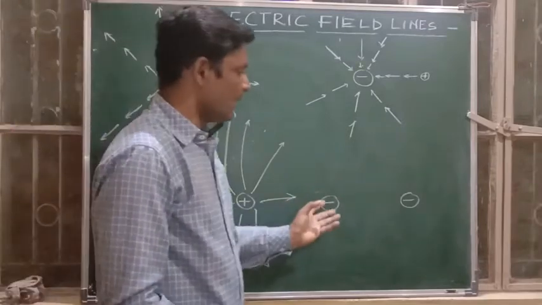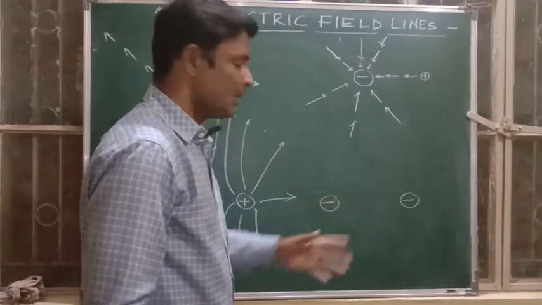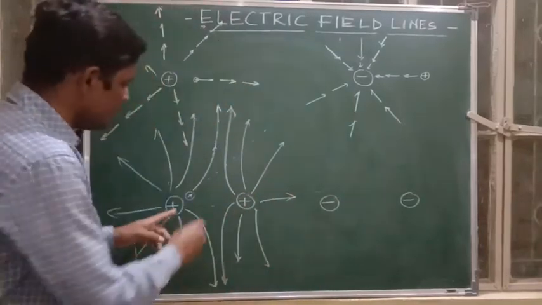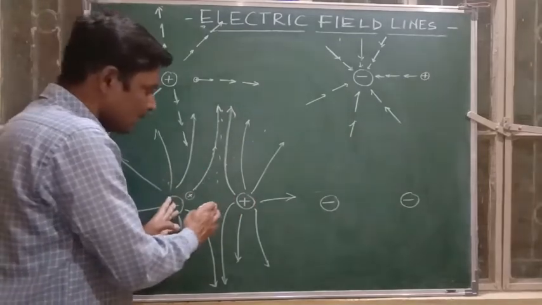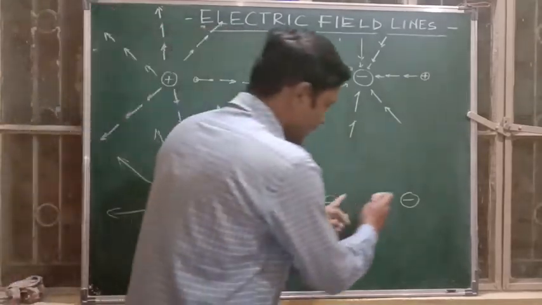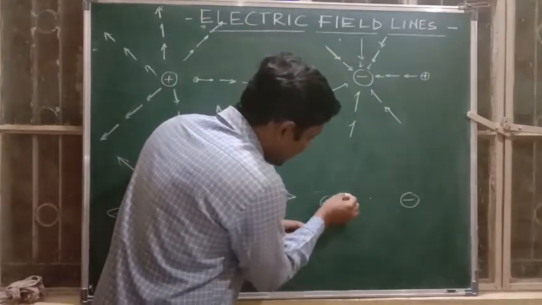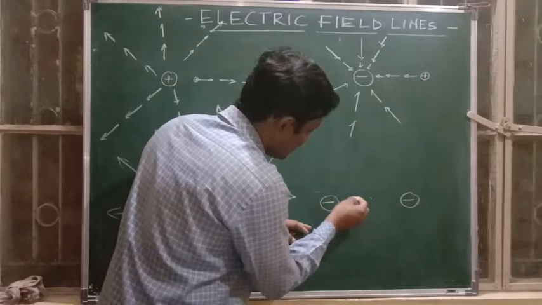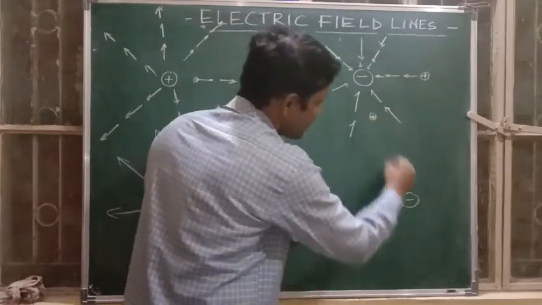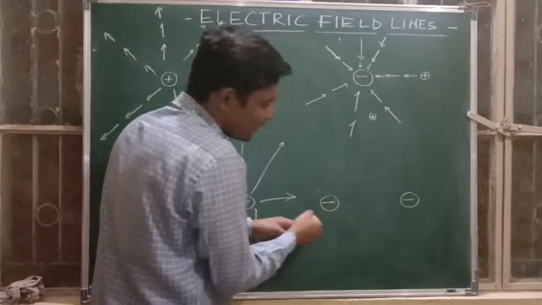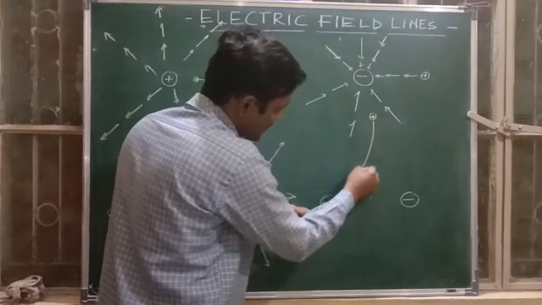If we have to draw electric field lines for these two negative charges of equal magnitude, keep in mind this will be on the perpendicular bisector if both the charges are of equal amount. I have taken here two charges of equal amount, and I have given a positive test charge here. It will be attracted by both of them, but it will move toward the one which has a stronger force on it. So it will be moving like this.